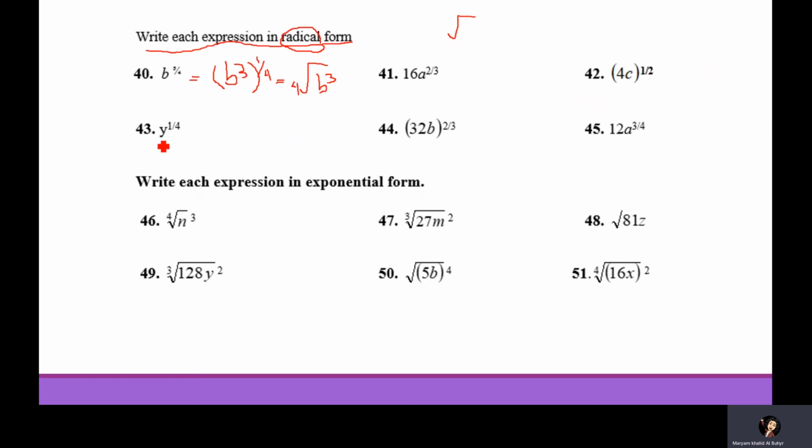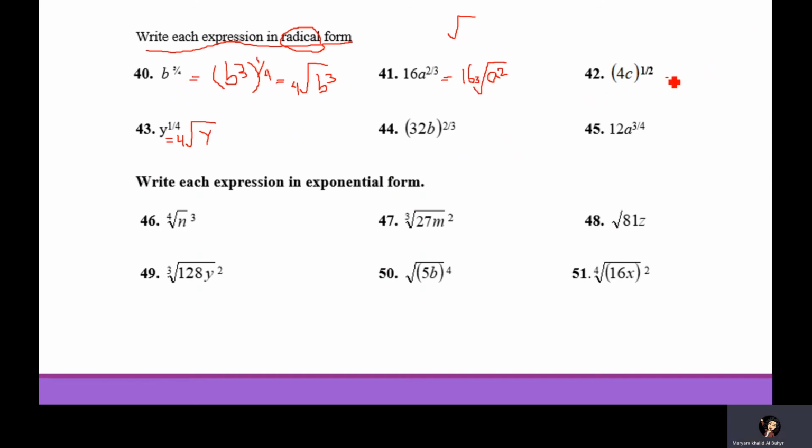That's basic. Now y to the power 1/4. I know immediately that's already ready. This is the 4th root directly. So usually take the denominator of the power and put it as the degree of the root. Now this one, 16, because there is no parenthesis, so the 16 is outside. Now a to the power 2/3, and that is the cubic root.